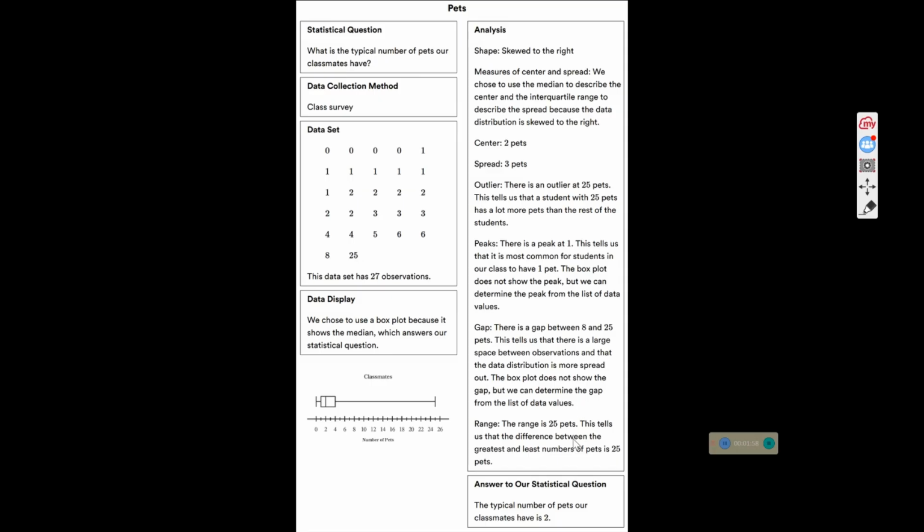They've described the range. 25 minus 0 gives them a range of 25, and they've answered their statistical question. Originally, they were wondering, what is the typical number of pets our classmates have? And they used the median, and they said the typical number of pets our classmates have is 2, which came from their center, which they claim is the median.